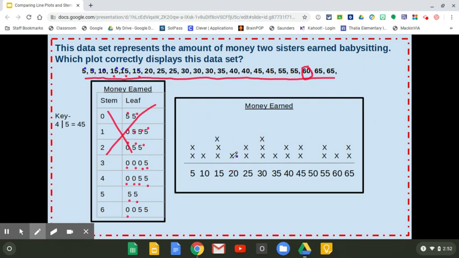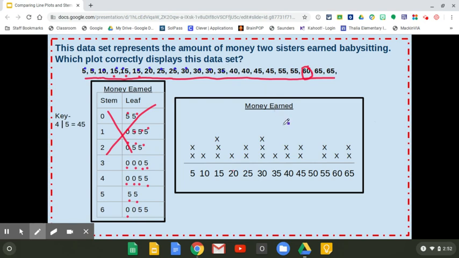Then we skip to 20. There's only one of them. For 25, we should have 2. 30, there should be 3, and there are. 35 is 1, and here it is.